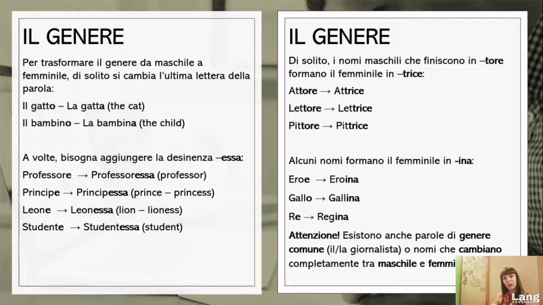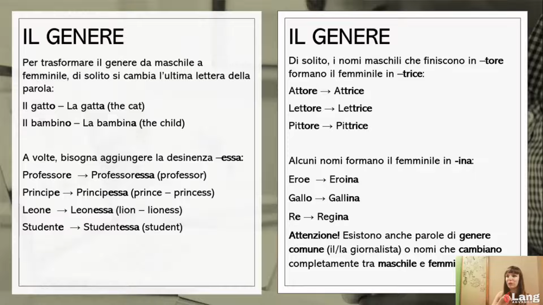Of course, we are not following every cat in the street to check if they are boys or girls. This applies only when you know the sex of the animal and especially of the pet. Okay, so this is something that we do with pets, or even when we have a dog, we refer to the dog with cane if it's a boy, or cagnolina if it's a girl.